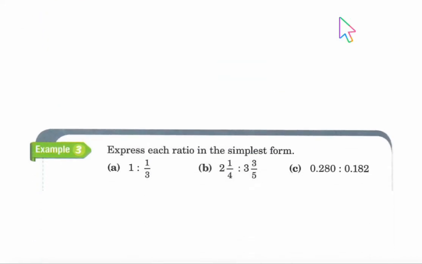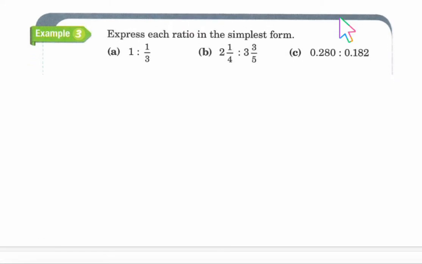Okay, let's take a look at another example. This one is just giving us ratios, and we have to write it in simplest form. So immediately, just like that Bobby and Aaron problem, I'm noticing my ratios are not in the same format, right? So for this first one, I have 1 to 1/3. One is a whole number, and the other is a fraction. We don't want fractions in our ratios because ratios are already written as fractions.